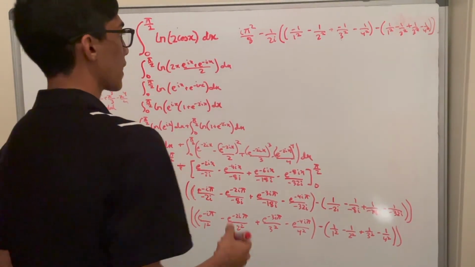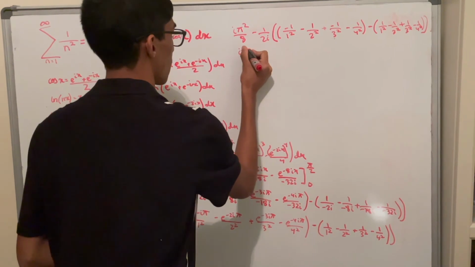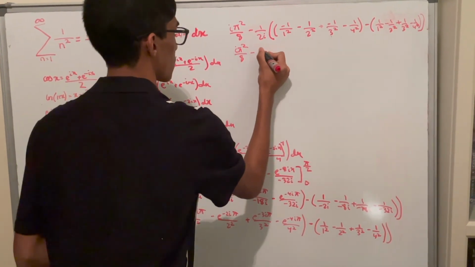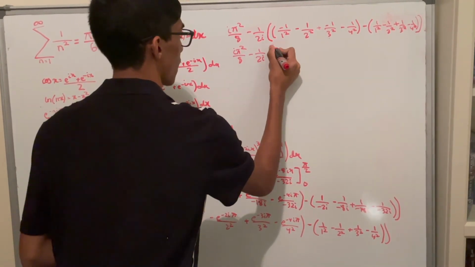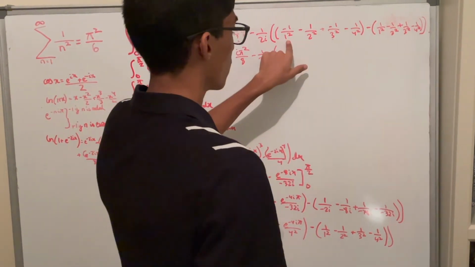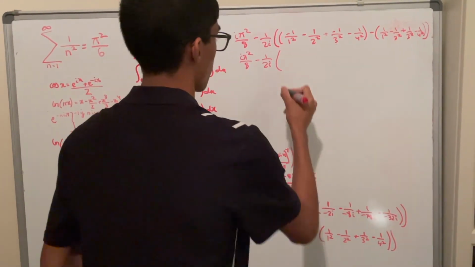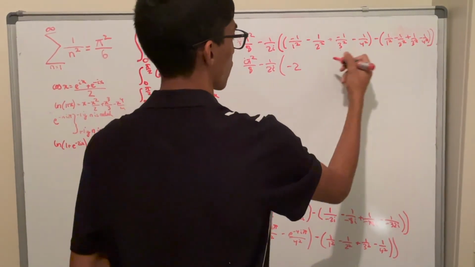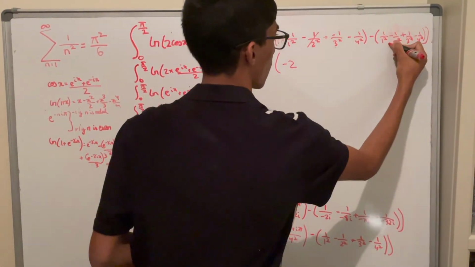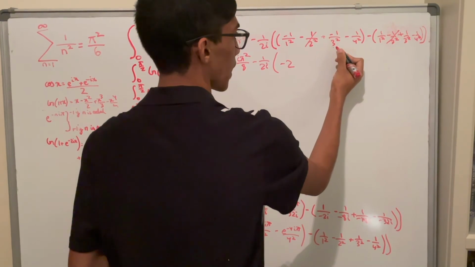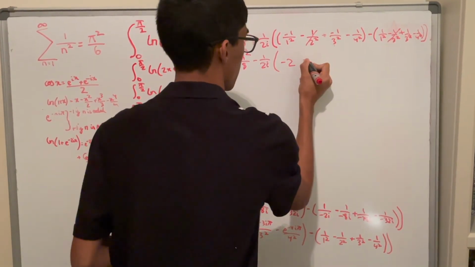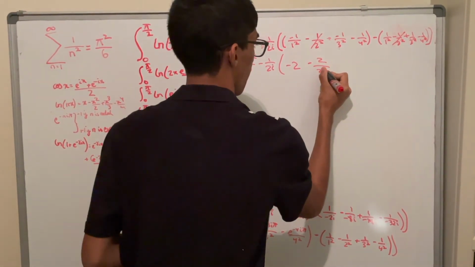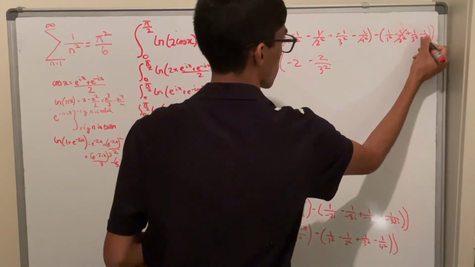And then we can cancel a few terms. I pi squared over 8 minus 1 over 2i times minus 1 is just minus 2. Minus 1 over 2 squared plus 1 over 2 squared gets cancelled. Minus 1 over 3 squared minus 1 over 3 squared is minus 2 over 3 squared, and this term gets cancelled.